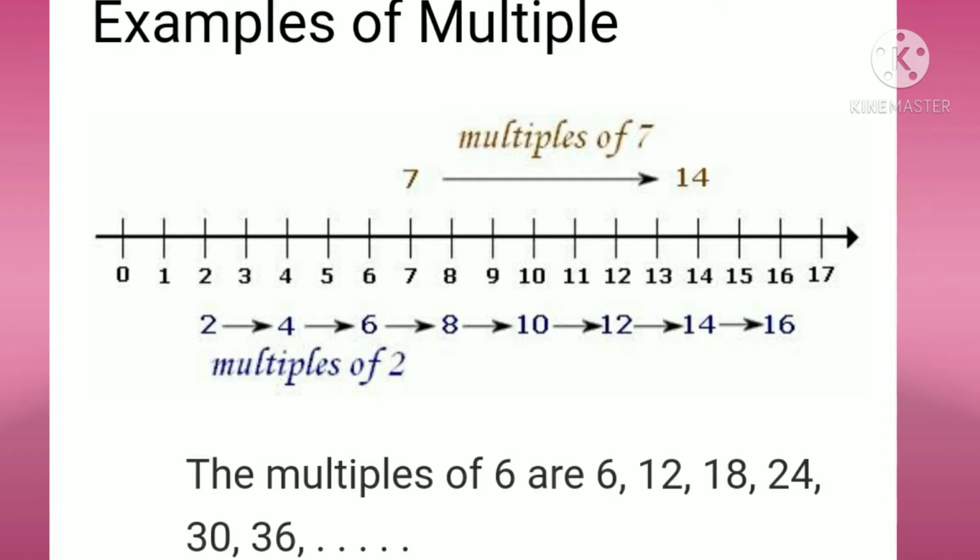So, 2 into 2 is 4, 2 into 3 is 6, 2 into 4 is 8, 2 into 5 is 10, then 12, 14, 16 and so on. The multiples of 6 are 6, 12, 18, 24, 30, 36.